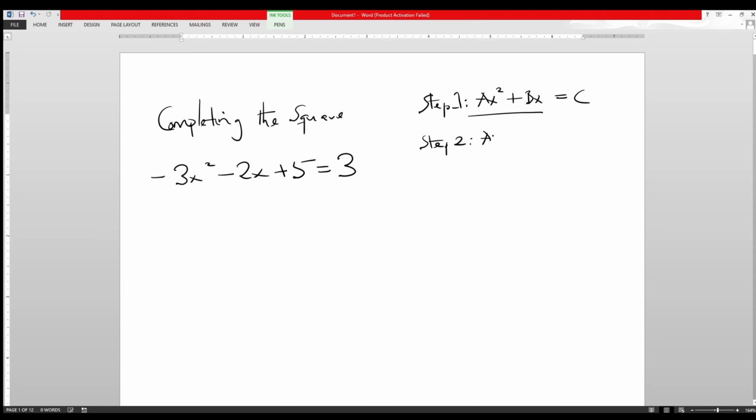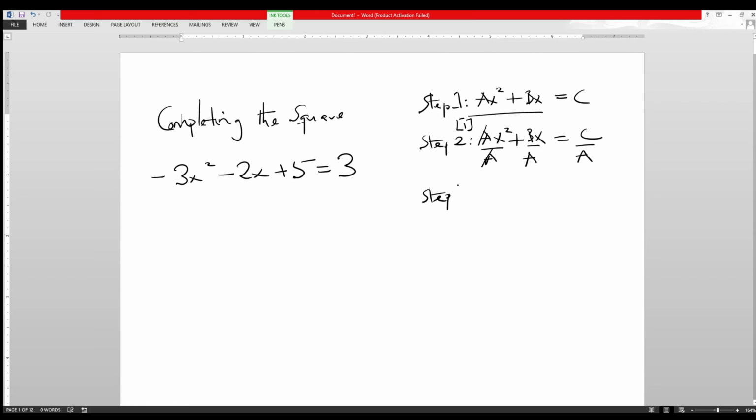So we have ax squared over a plus bx over a is equal to c over a. Okay, so that this a and this a will cancel out, and then the number in front of x squared will be 1. Okay, so step 2, we need to divide through by a so that the leading coefficient of x squared, or the number in front of x squared, is 1.